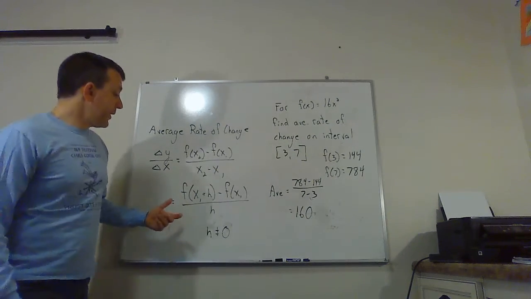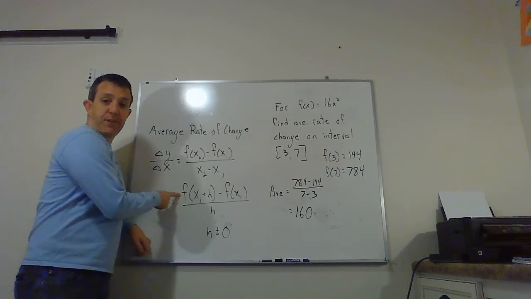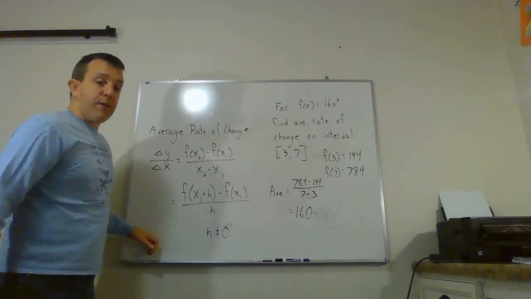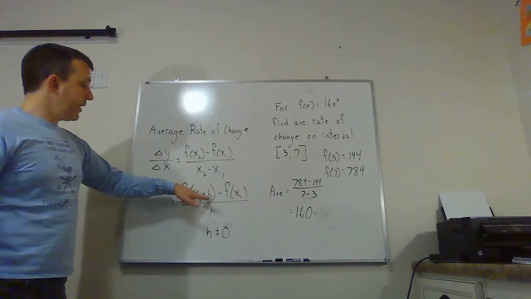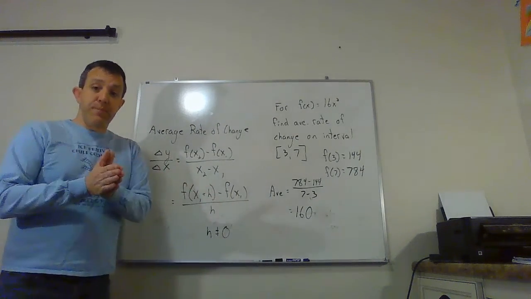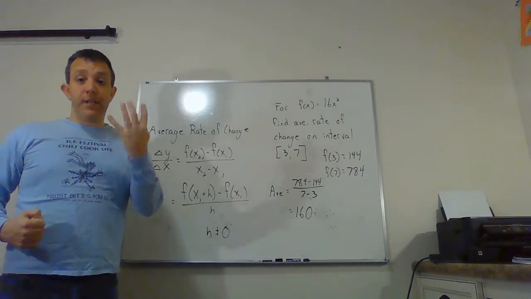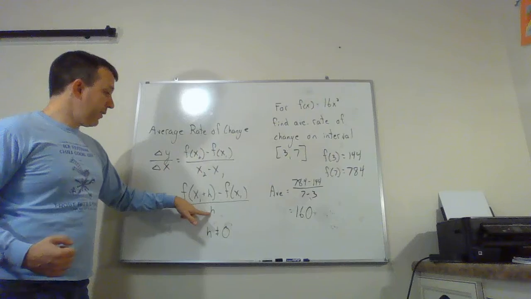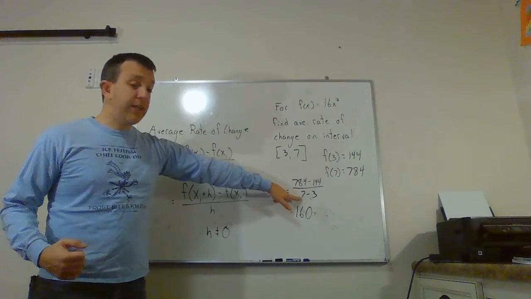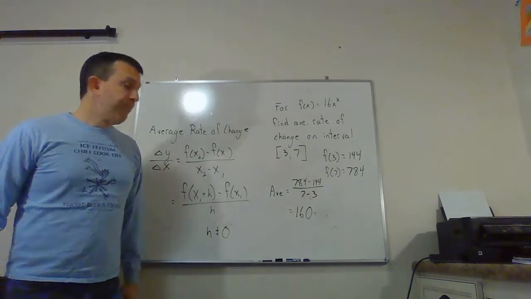Now, importantly, you would get the same thing if you tried to use this form. So what this form does is it defines h as being this distance between the 2 points. Well, what's the difference between 3 and 7? It's still 4 units. So the bottom would still be 4. Notice that here, 7 minus 3 is 4.